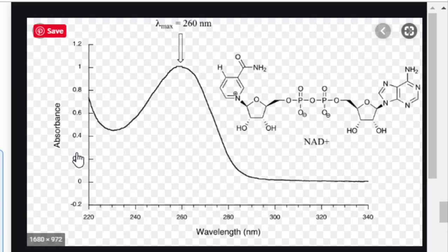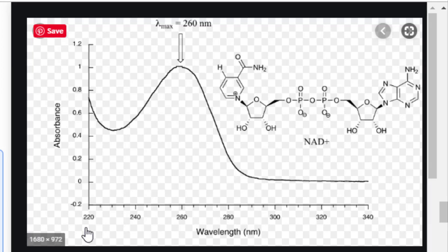So if we did this with the blue dye, we would have a wavelength max at 655, which is where we actually did the experiment. So on our colorimeters, we're looking at the absorbance at one wavelength. But they also have spectrophotometers that do a graph of absorbance versus wavelength on the x-axis.